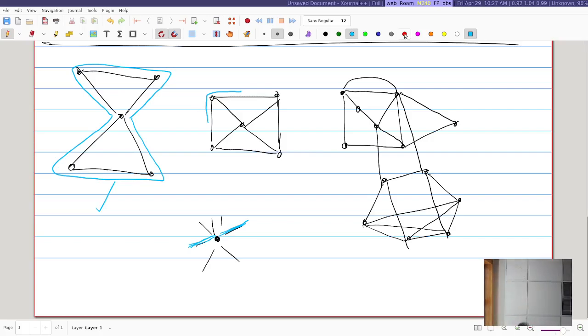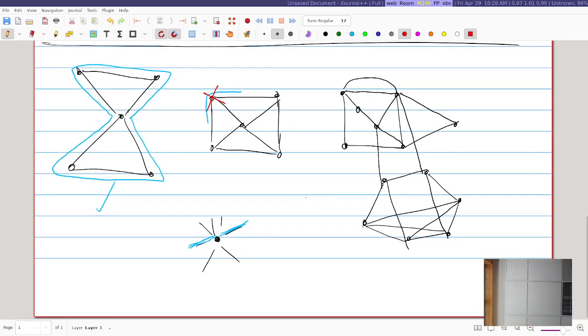So, right, this is bad. Okay, so based on that, can anyone make a conjecture about what's one way we can tell for sure that a graph does not have an Eulerian circuit?